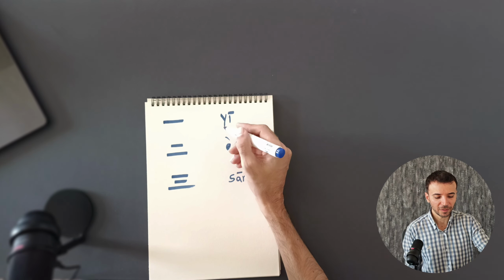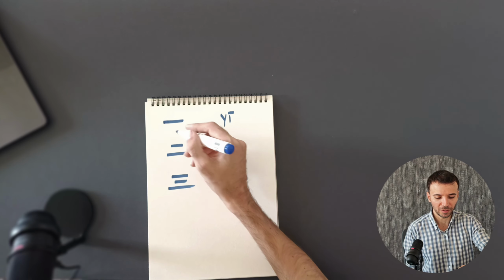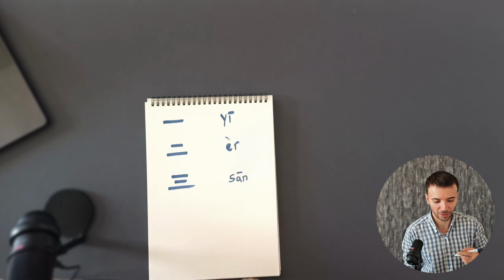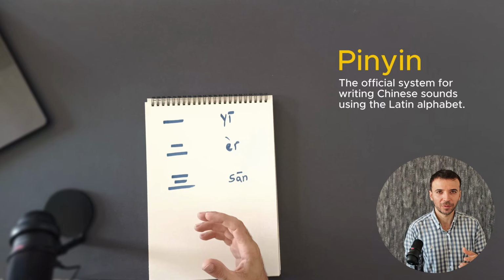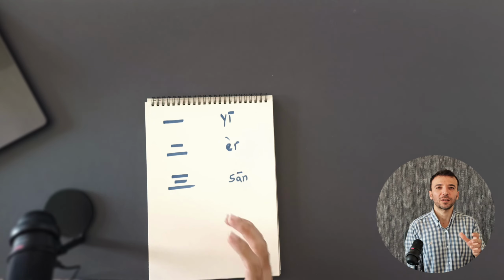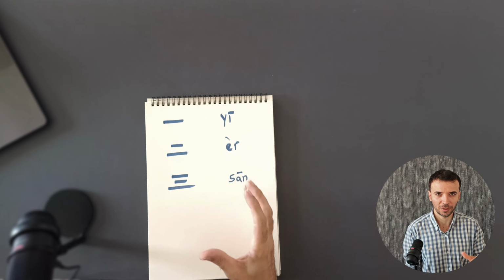Now let's look at these English letters that we use to write the sound of these characters. These are called Pinyin. It's an extremely useful system that is used to write the sound of the Chinese characters. Pinyin was invented in the 1950s by a group of Chinese linguists, and it has made learning Chinese a lot easier. Unlike most of the other languages, Chinese does not have an alphabet.